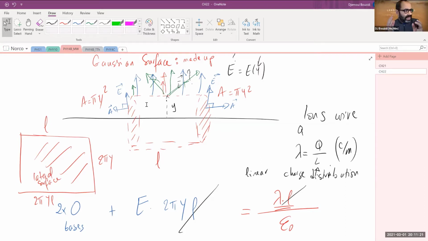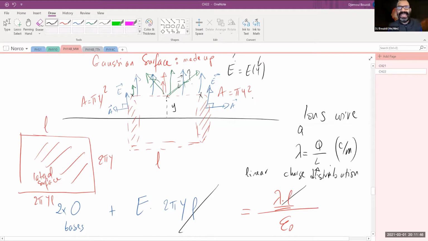So why in the world then would the value shift? I mean, at least for you, you think that it has changed without any cause for it to change. Because of this cylindrical symmetry, it must be the same. In other words, the electric field in here must be the electric field in here, must be the electric field everywhere at distance y from the wire. That's basically the argument of symmetry.